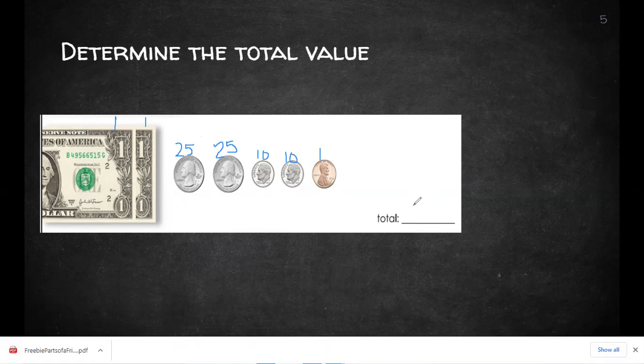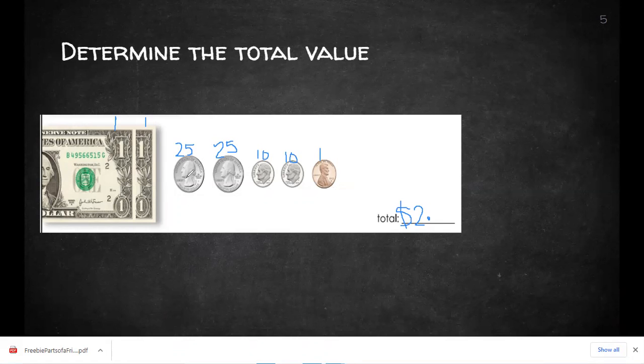All right, friends. So let's see. How many dollars do we have? 1, 2. So I know I'm going to write $2. I'm going to put my decimal point to separate my dollars and cents.